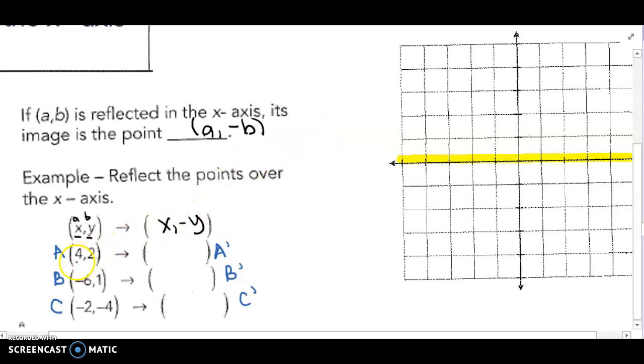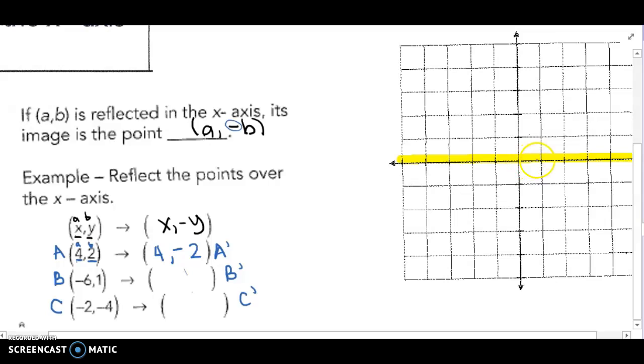All right, so my 4, 2. So my 4 is my A, my 2 is my B. My rule is A, B goes to A, negative B. So my first number doesn't change. Okay, my second number, the only thing that changes is I add a negative to it. So it's a negative 2.